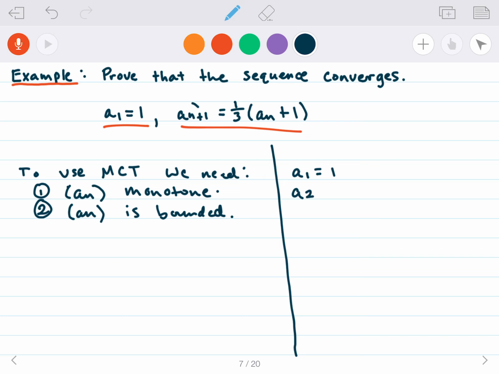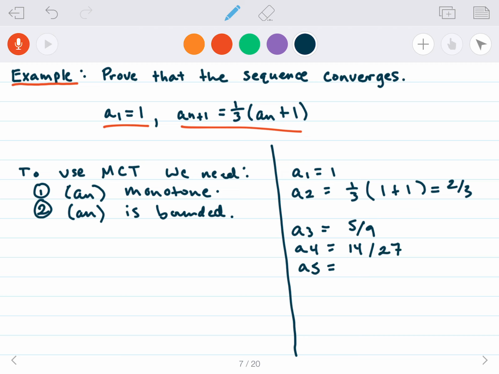A sub 2, which is a sub 1 plus 1, is just going to be a third times the previous term, which was 1. So 1/3 times 1 plus 1, that's going to give us 2/3. Okay, so a sub 3 is going to be 5/9. I'm just going to do this so that we can kind of see what's happening here. A sub 5 is 41/81, and so forth.